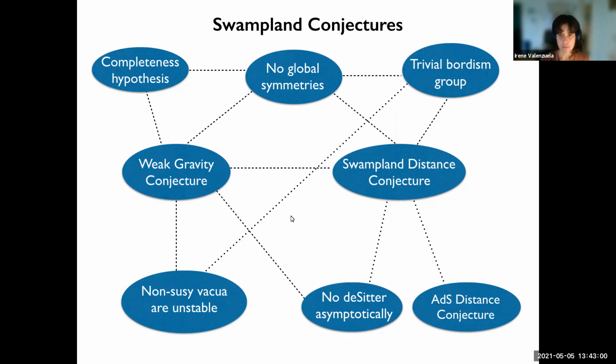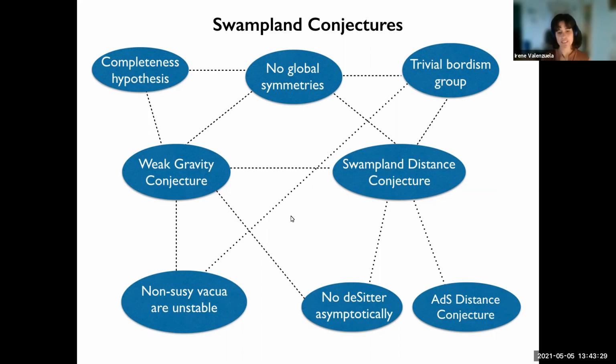But at least for me, one of the most important recent developments is that we are discovering that all these conjectures are not independent. They are not independent statements, but might just be different phases hinting at the same underlying quantum gravity principles that we are starting to discover.